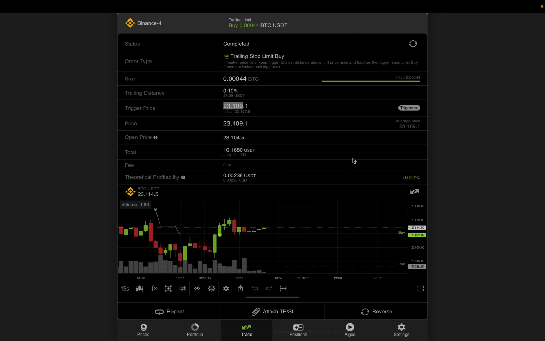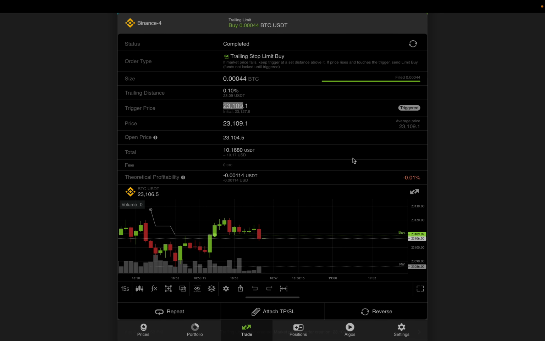And again, you generally want to trade your liquid pairs with trailing stop market orders, whilst for illiquid pairs, if you need to use a trailing order there, you might consider using trailing stop limits. Okay, I hope that is clear enough.